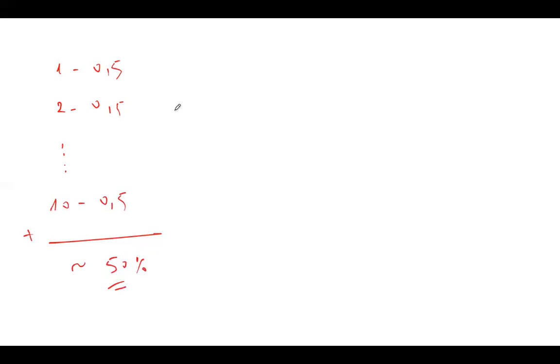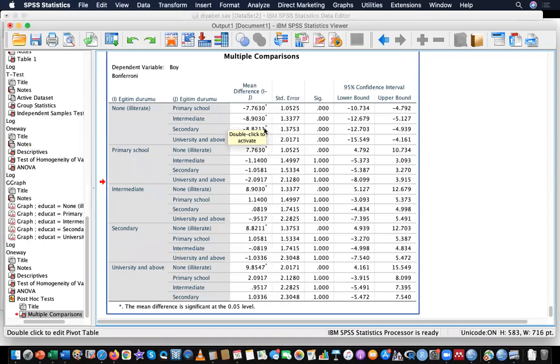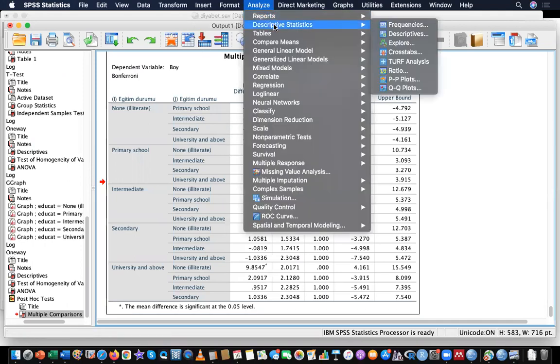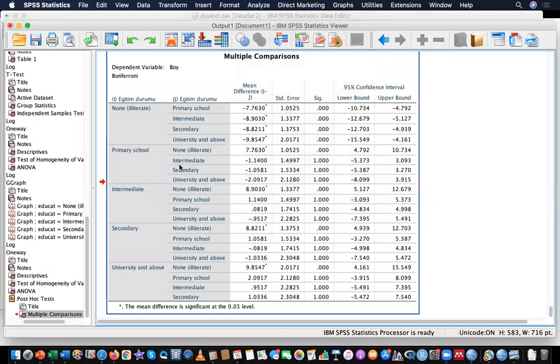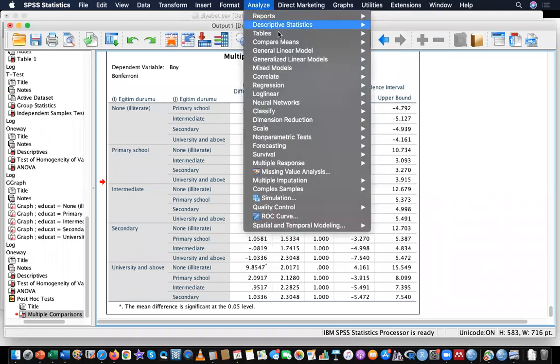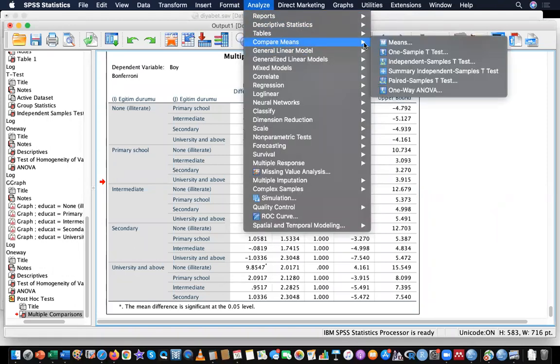What does Bonferroni say? Bonferroni says, if you make multiple comparisons, multiple t-tests, like here, let us do a t-test comparing primary school and intermediate school.